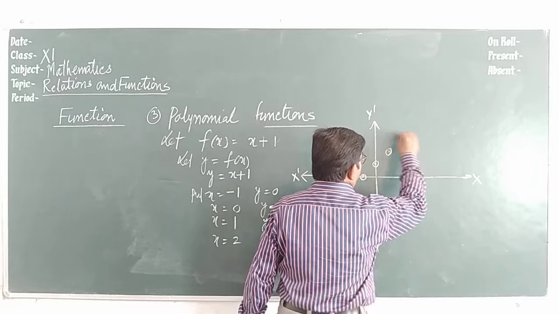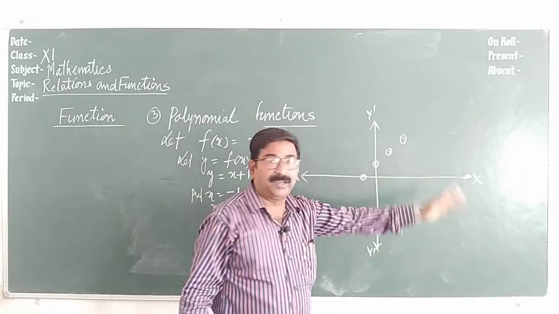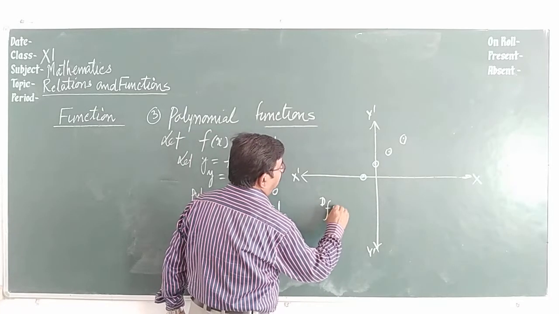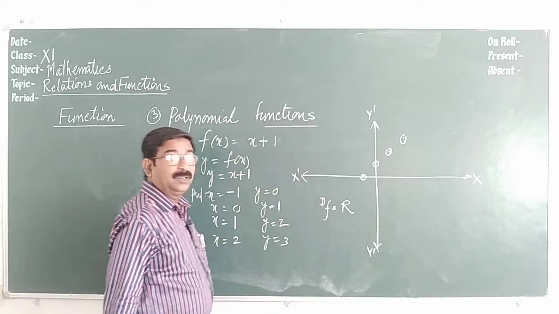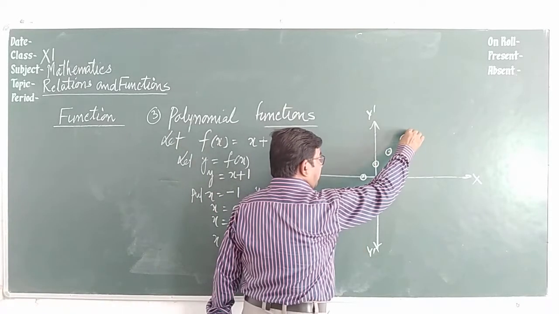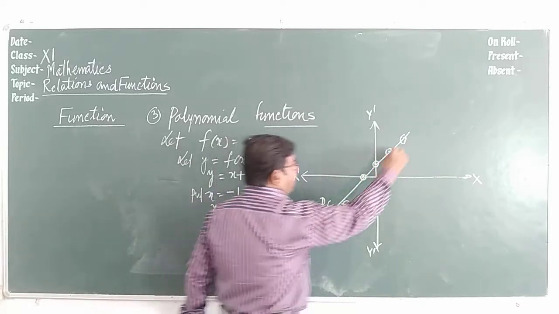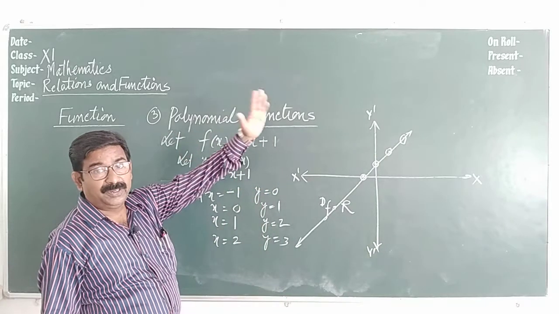This means we can take any value on x-axis. So the domain of the function is all real. Now let's talk about the range. When we join all these points, we will have a straight line. The line goes to infinity.